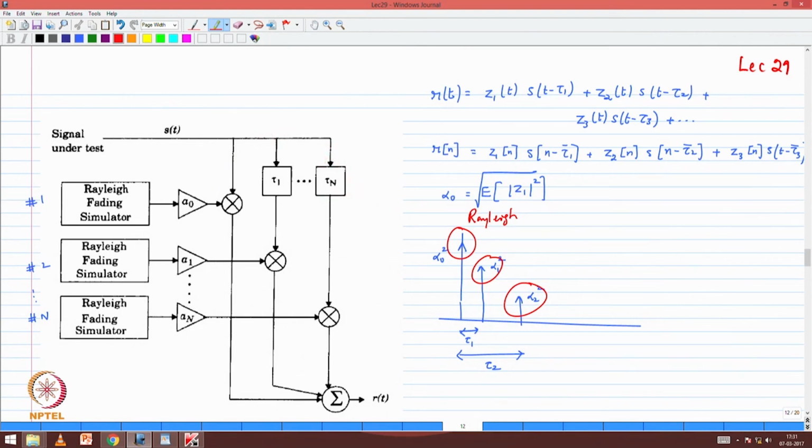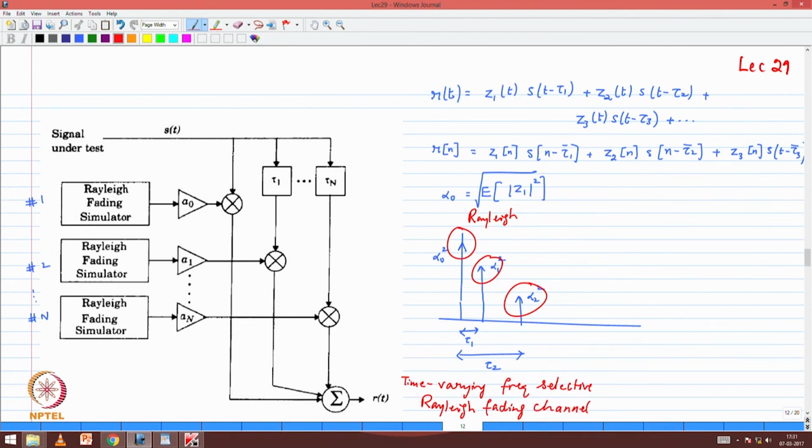So what you have obtained at the end of the day is a time varying, frequency selective Rayleigh fading channel. This is what we need in our simulation, and that's what we have been able to obtain.